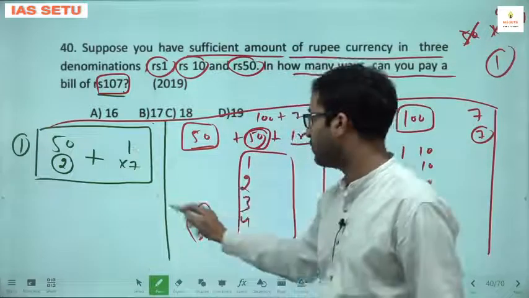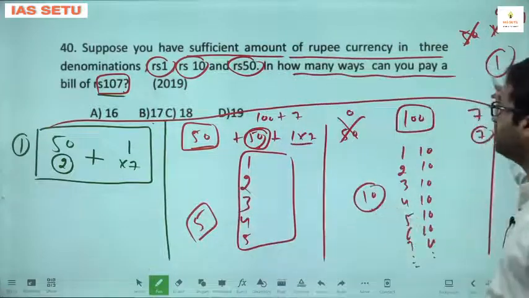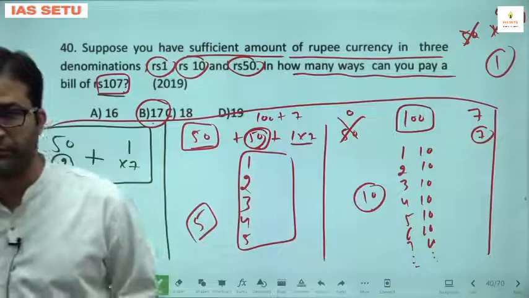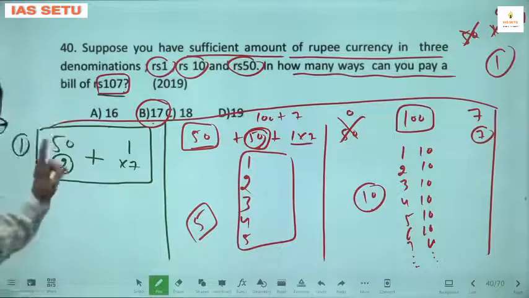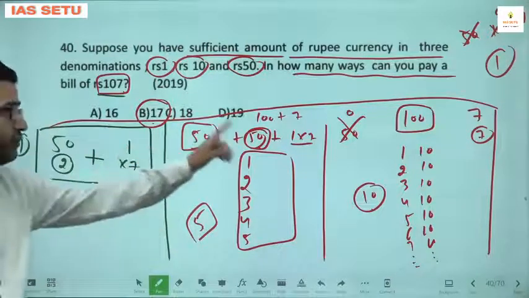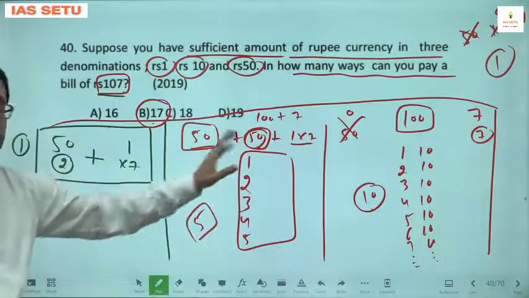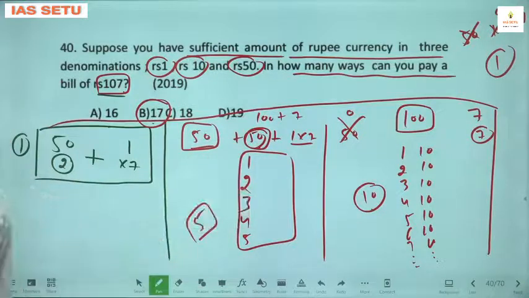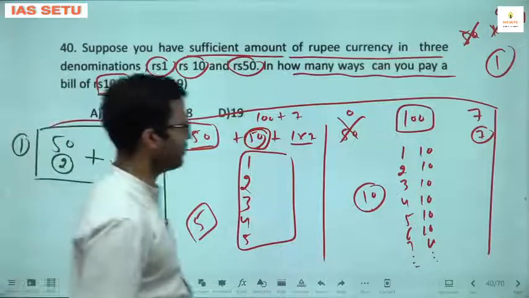So here one way: 5, 6, 16, 17. So there are 17 different ways. You start with 50, two currency notes, then one 50, then zero 50 and 10s, then only 1 rupee. So you see how many different ways you can pay the bill of 107. It is 17 different ways.